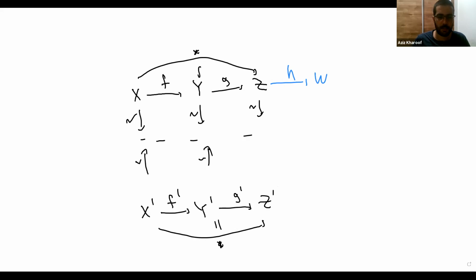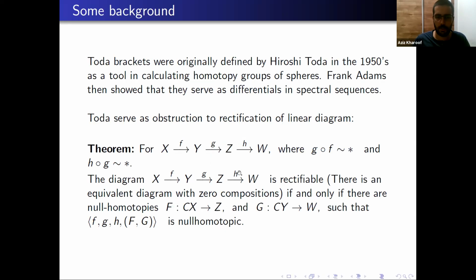In this sense, by this theorem, if we have such a linear diagram where the composition here is null homotopic and here is null homotopic, then the diagram is rectifiable, as I explained, if and only if there is a choice of null homotopies that gives us a Toda bracket, a map from the suspension of X to the last codomain, that is null homotopic.